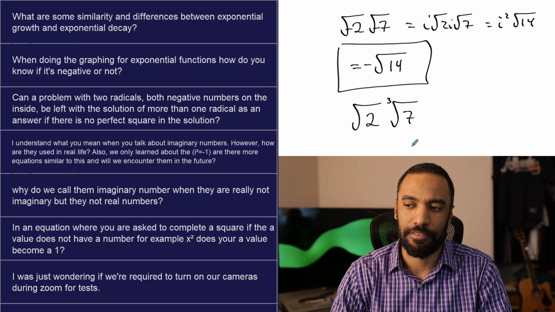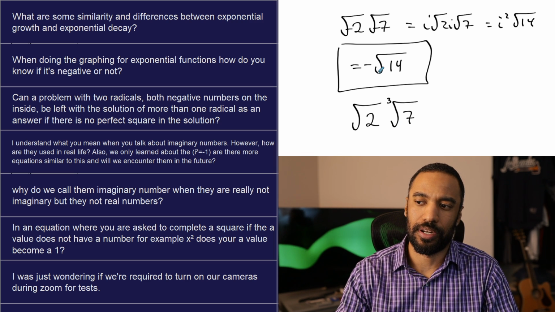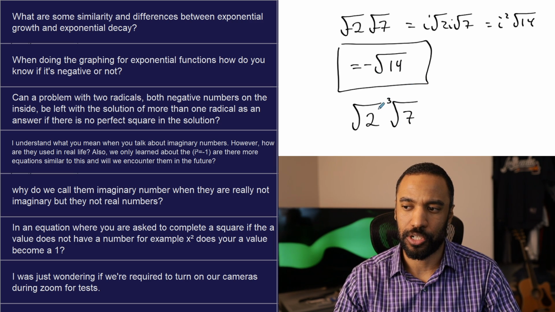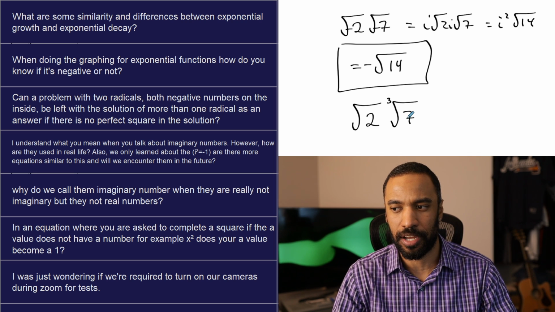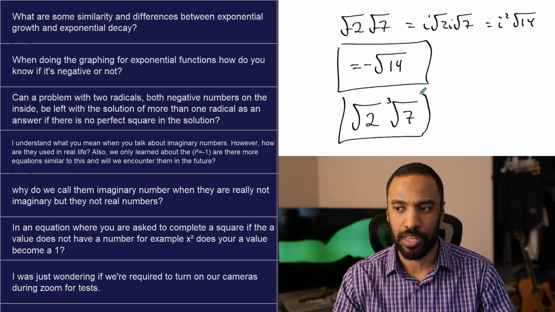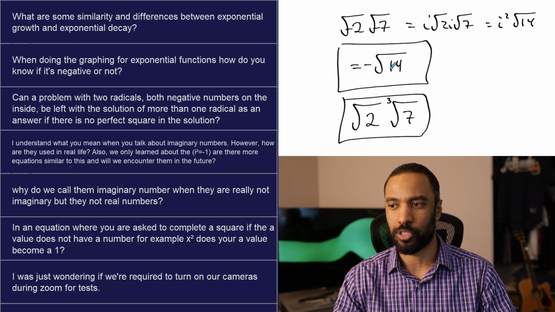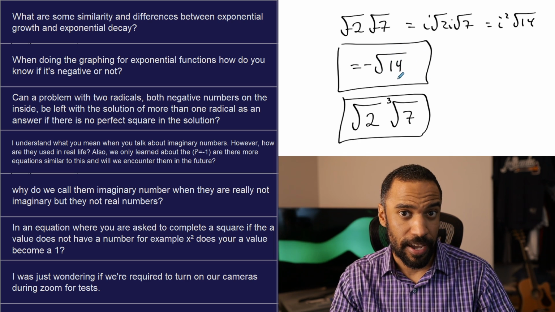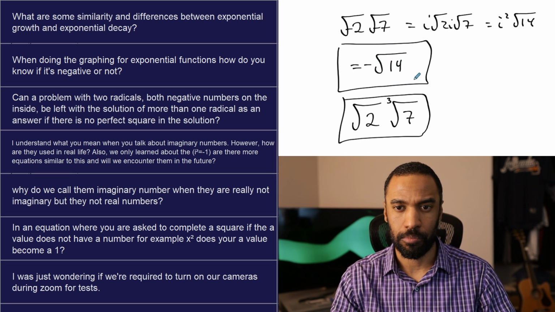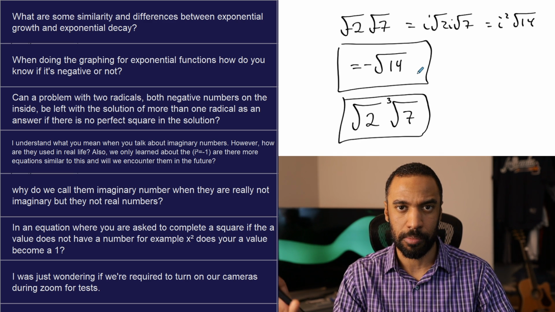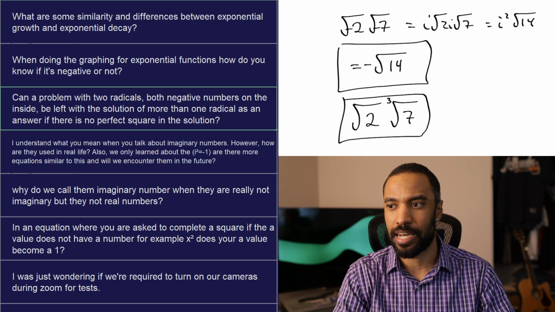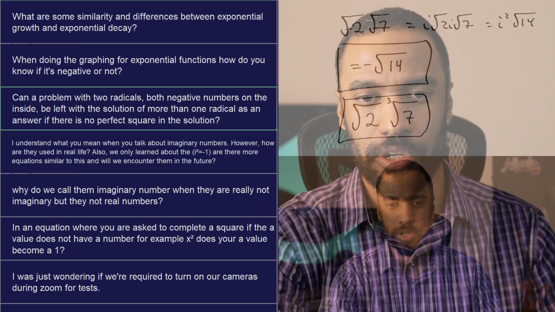We often don't deal in those terms. What I was going to say is you could convert them into fractional exponents, but if these are different bases, it's not going to matter. You would just leave it like this otherwise. But if they're the same, if they're both square roots or both cube roots or whatever, multiply them. If there's something to simplify on the inside, go ahead and do that, but write it down as one radical. That's the most simplified form of what you have. Again, the negatives inside is not going to change the answer to your question.